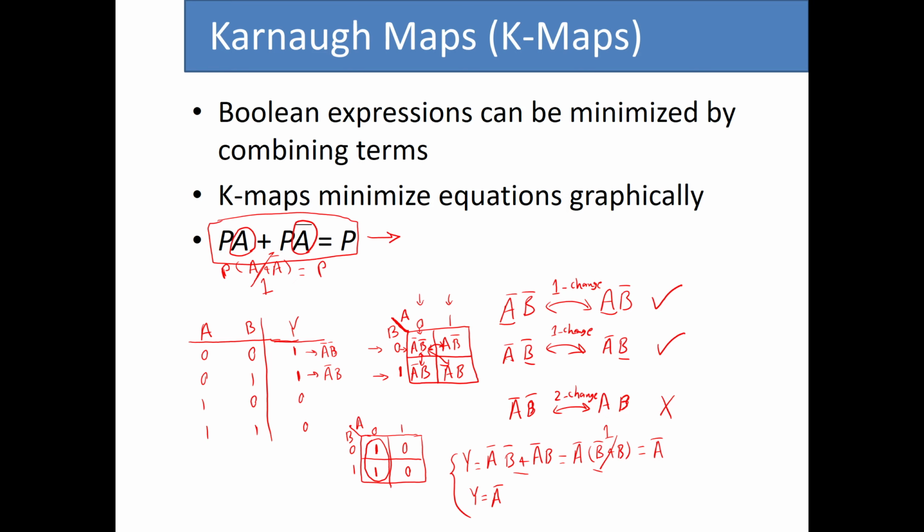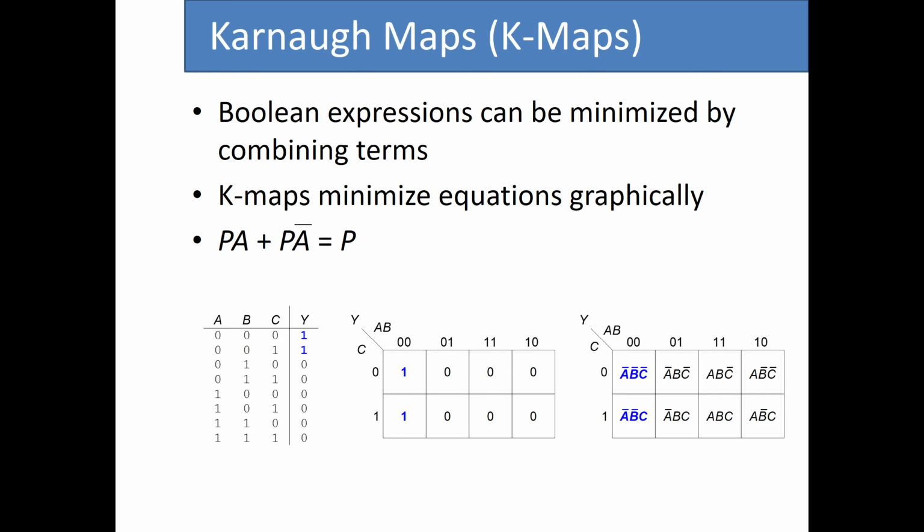So now that we saw this, let's just see how it looks for the 3 input function. So if you remember again from before, when we have 3 input functions, we have 8 possible combinations. We have A, B, C as the inputs, and the values can change from 0, 0, 0 all the way to 1, 1, 1.